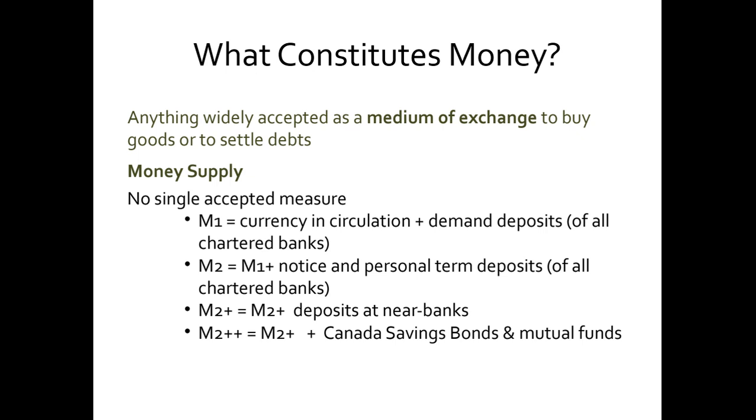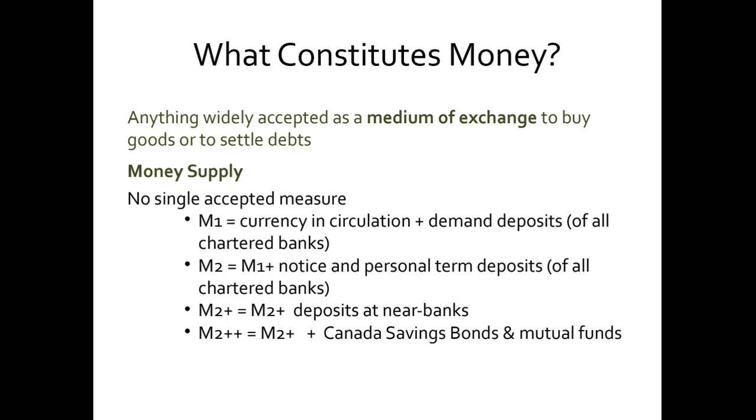And finally, M2 plus plus, where I add to M2 plus the Canada savings bonds and mutual funds. Notice that as we move from M1 to M2 to M2 plus to M2 plus plus, and we have other definitions as well, M3 as well, we are actually including less liquid assets in the definition.